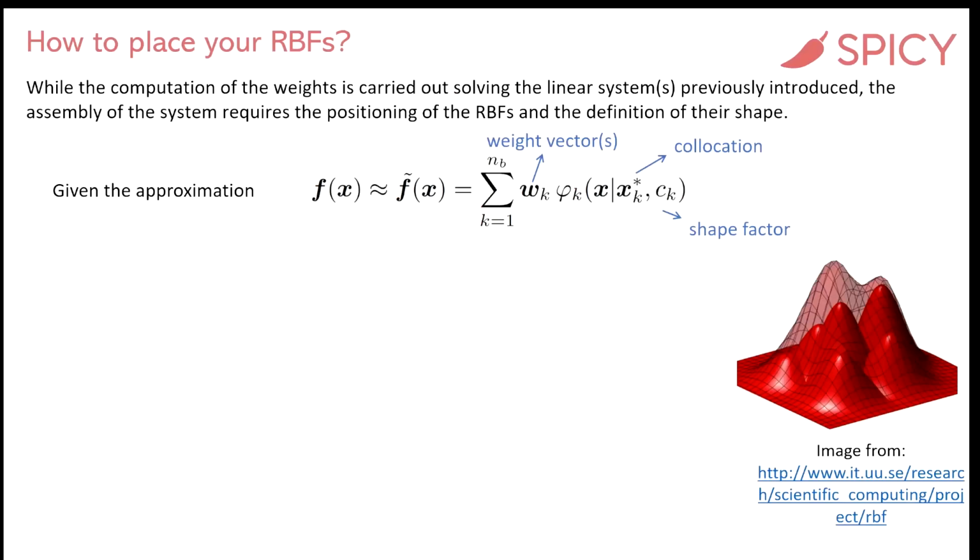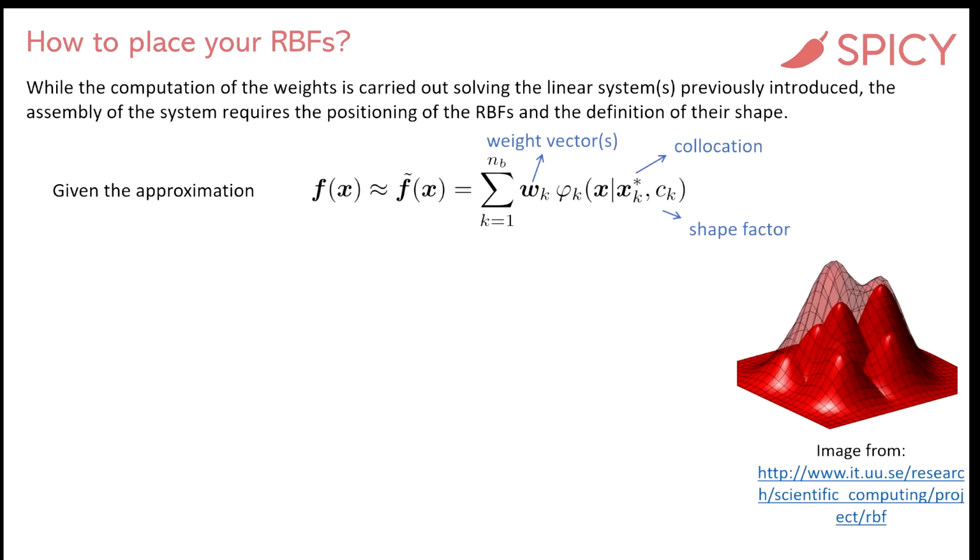You might recall from the first video that our business here is to try to approximate a function using a linear combination of functions which are our bases, our radial bases. These bases are defined by a collocation that sets where these bases will be located and a shape factor that tells us how large or small this basis is.